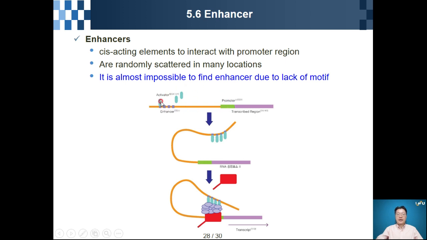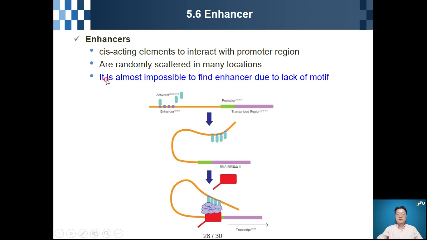Activators bind to the enhancer region, so it changes the orientation. After that, it recruits RNA polymerase, and then transcription can actively happen like this. However, we cannot identify enhancers very well because enhancers are randomly scattered in many locations.